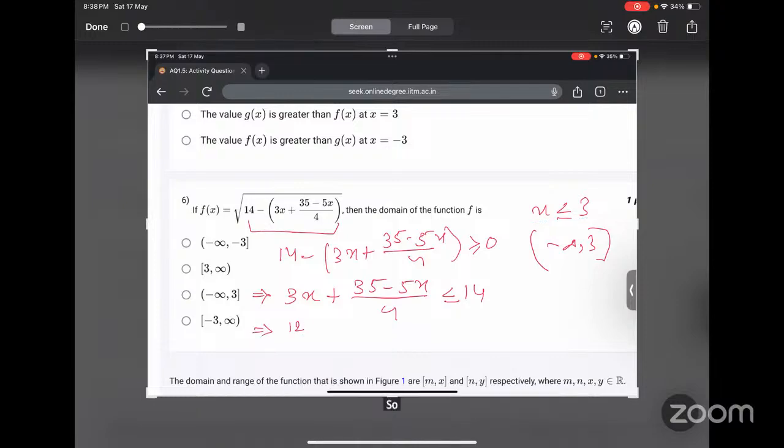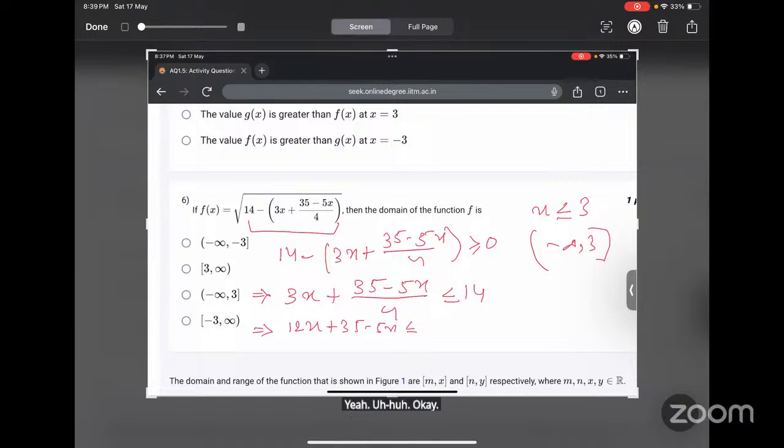So 12x plus 35 minus 5x should be less than or equal to 14 into 4. Why less than or equal to 14? It should be less than 14. But we can take the square root of 0. The root of 0 is also defined, right? The root of 0 is 0. Only the negative is not defined.